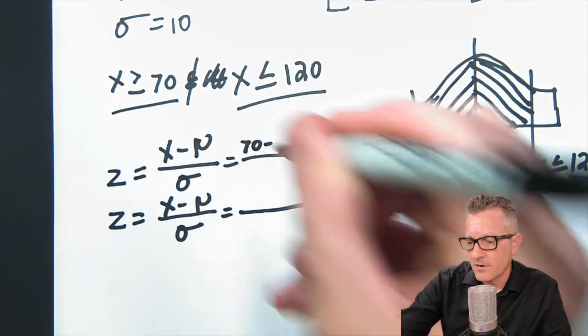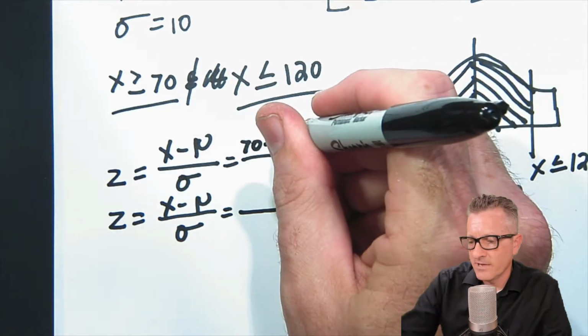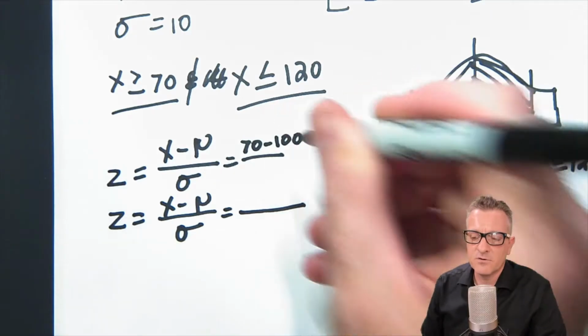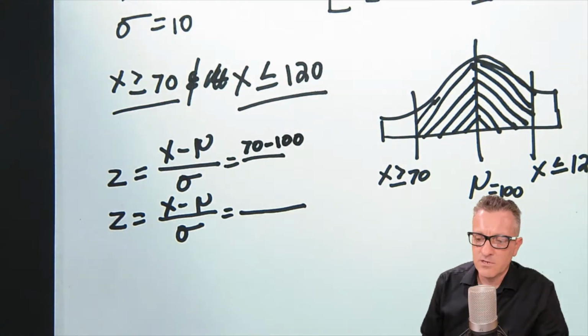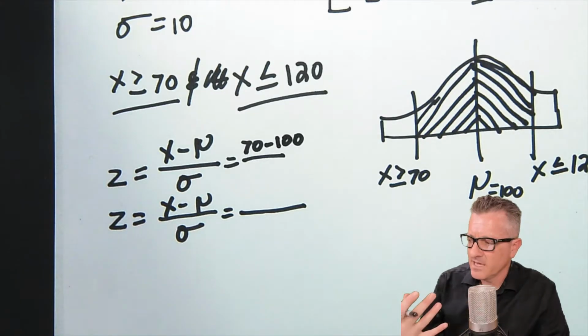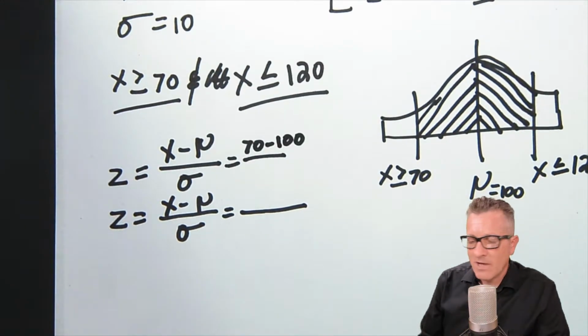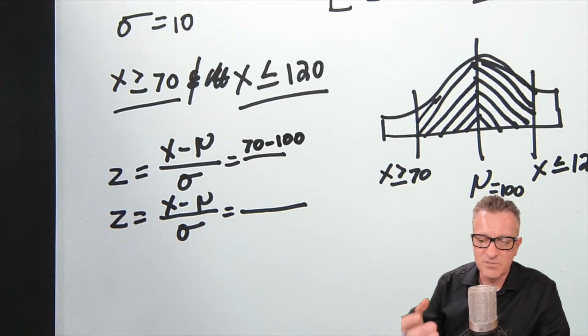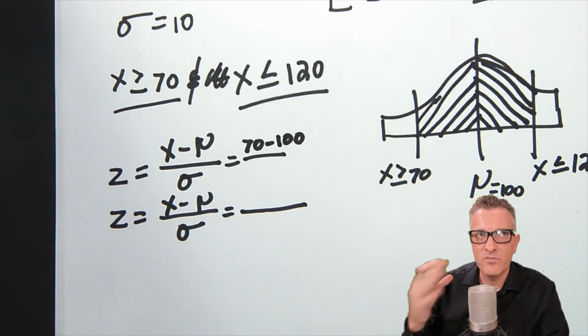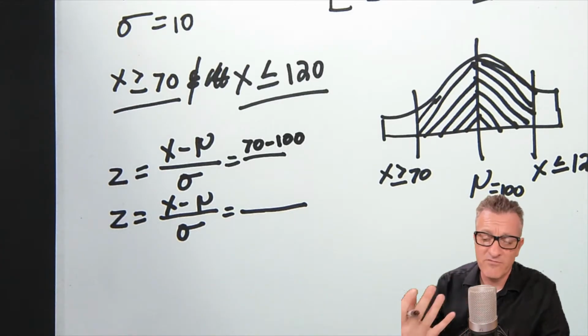Mu is 100. Remember, if we get a negative z-score, that only tells us that we're on the left-hand side of mu. So when we look up on the table, we don't have a negative on our table, and that's fine because it is a half table. 0.5 is one half, 0.5 is the other half, and the whole table that I have set up is 0.5.